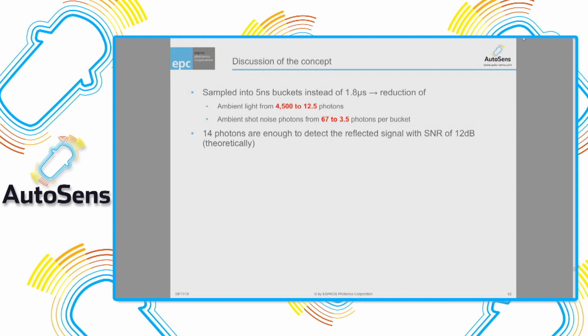So the noise from ambient light electrons collected is just 3.5 instead of 67. That means we can operate and detect pulses at very low signal, roughly 12 or 14. It's actually 14 photons with a signal-to-noise ratio of 12 decibel.